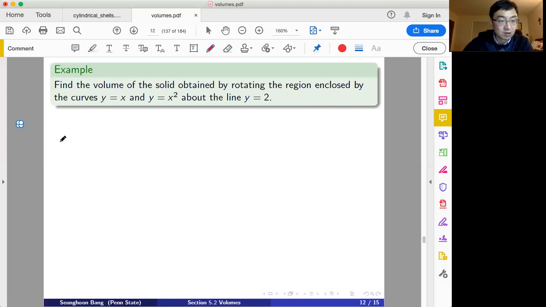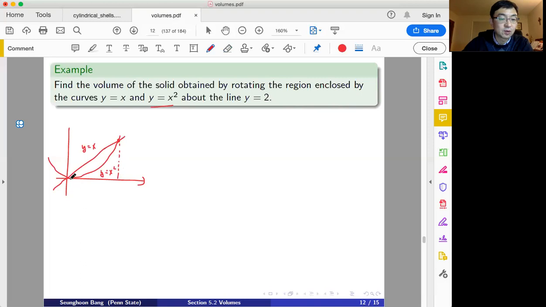The same, you can sketch the graph. y equals x, and y equals x squared is a parabola. This one, y equals x squared.